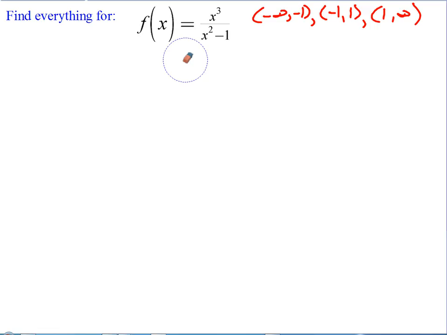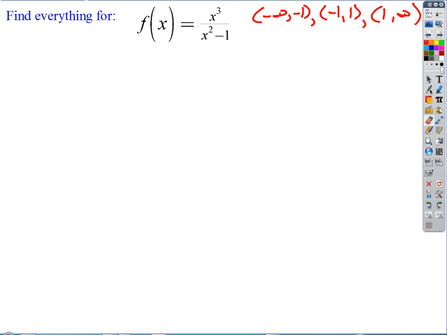The top polynomial is exactly 1 bigger than the bottom polynomial. So not specifically, but generally, what's going to happen if I divide out those polynomials, if I actually simplify that quotient? A cubic polynomial divided by a quadratic polynomial is going to result in what?